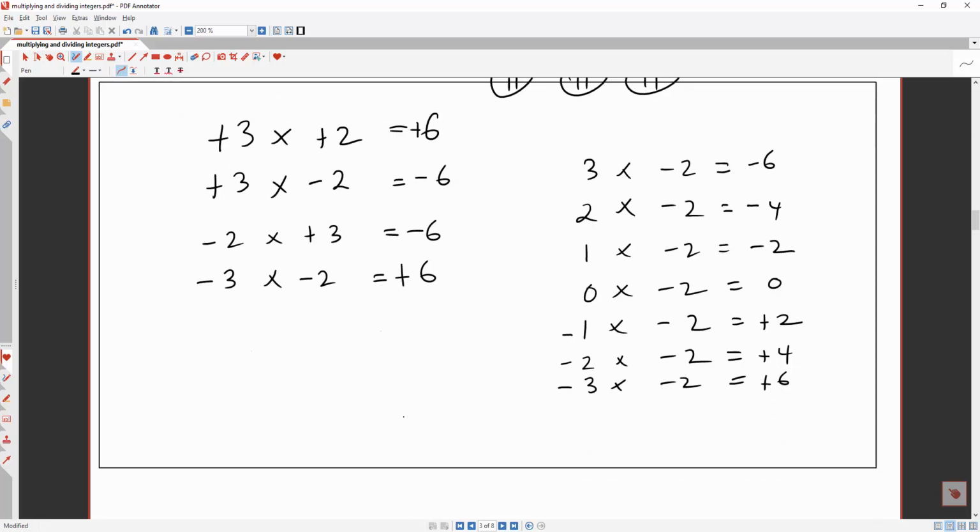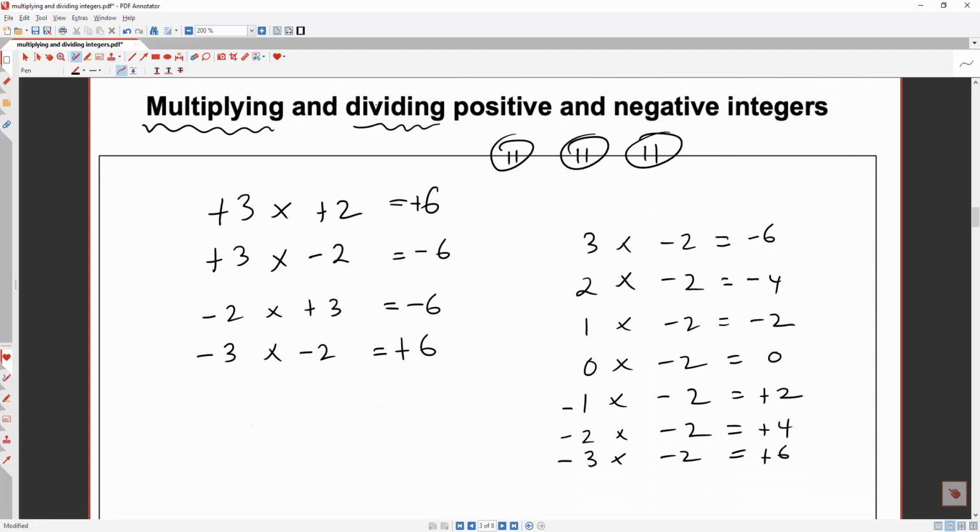Alright, now what do we do about division, or what are the rules regarding division? They're exactly the same as multiplication, because, I don't know whether you remember this from fractions, when you divide by a fraction, so we've got 3 divided by, say, a half, that's the same as 3 multiplied by the reciprocal of this, or 3 times this flipped.